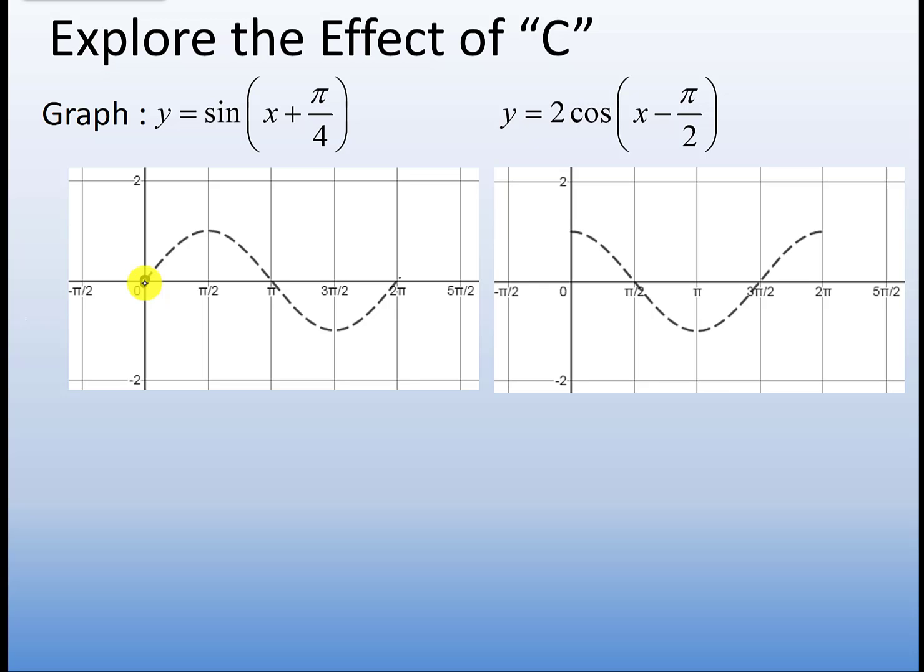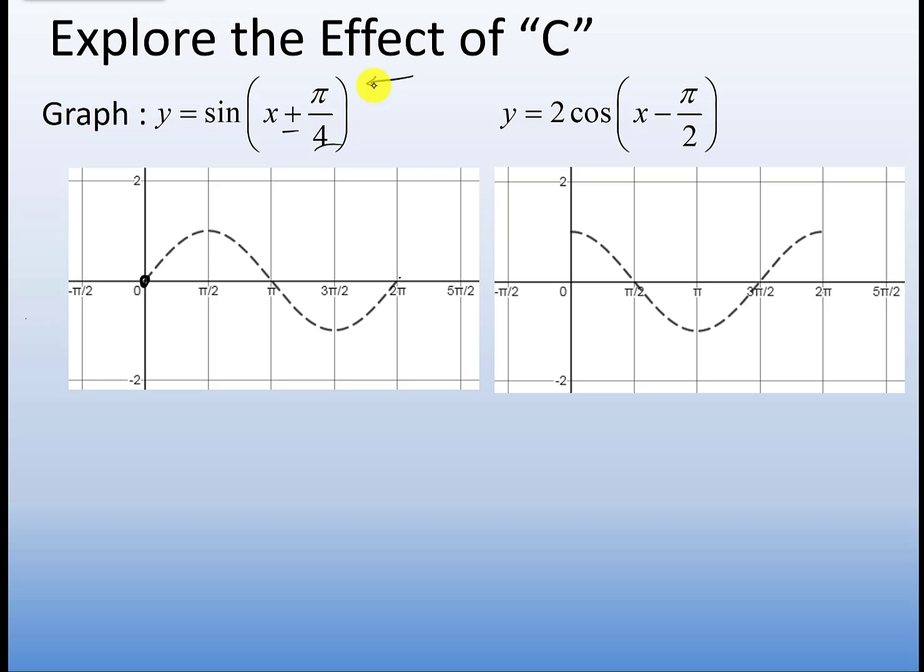Now, in class, we'd have a discussion, make a prediction, but it is a plus, and it's a pi fourths. Which way is it going to shift? And if you recall from horizontal shifts, when we're adding, it winds up with the effect of shifting it left.